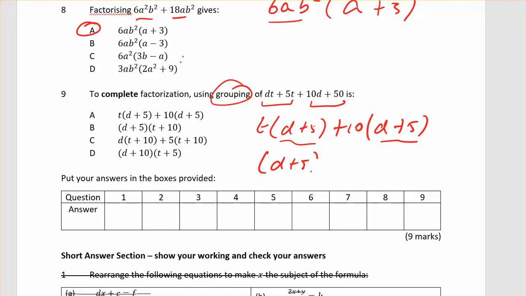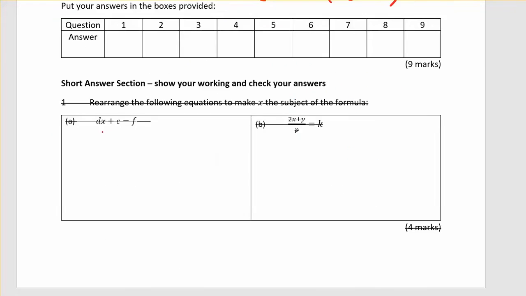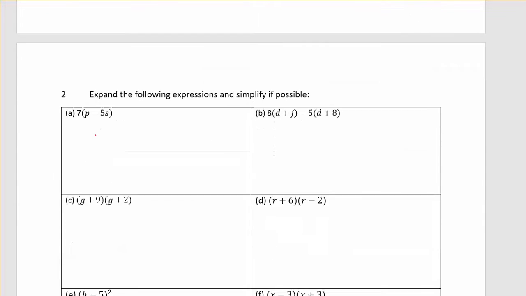So d plus 5, you're left with t plus 10. And you're done. So your answer should be d plus 5, t plus 10. So it's B.